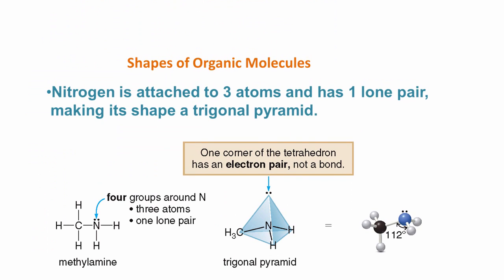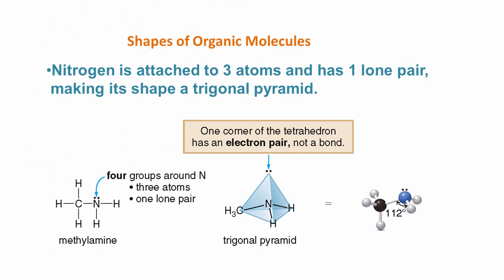Let's take a look at nitrogen here. We're looking at this compound here. We call this methylamine. We'll talk about amines a little bit later. I just want to show you what's going on here as far as shape goes. Let's take a look at the nitrogen here. The nitrogen is bonded to 3 atoms, 2 hydrogens and a carbon, and it has a lone pair. Remember what happens.